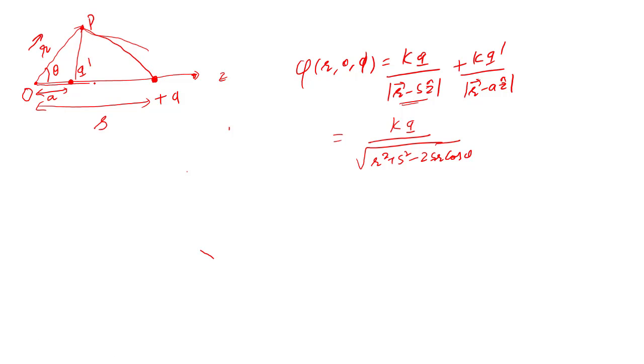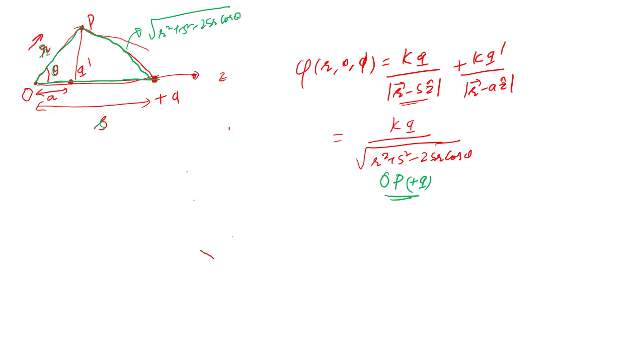So if I take this triangle, let me draw it in a different color. The triangle between origin, point P, and charge q, this angle is theta, this is r, and this is s. So I can get this side from the law of cosines, and this would be equal to the square root of r squared plus s squared minus 2sr cosine theta, because this is not a right angle triangle, right?